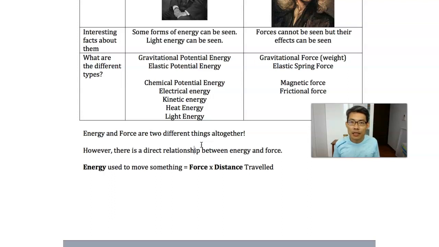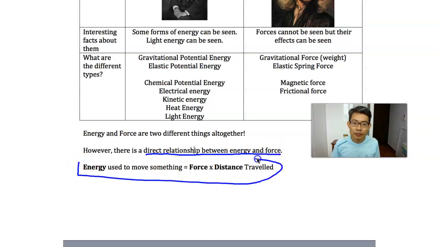But it is also true to say that you used a lot of force, a lot of pushing force. Now, the confusion here is these both seem to be similar, but they are not. They are similar because there is a direct relationship between energy and force. By direct, I mean that there is actually a formula. The energy that is used to move something is equal to the force that is used to push something over the distance it travels.